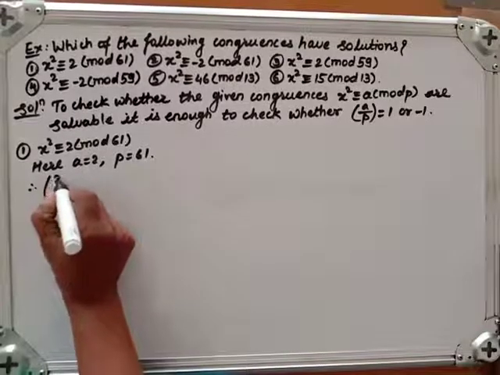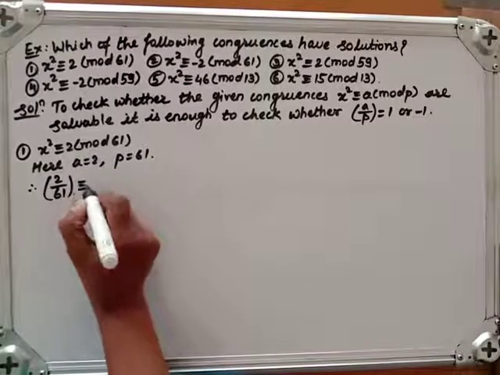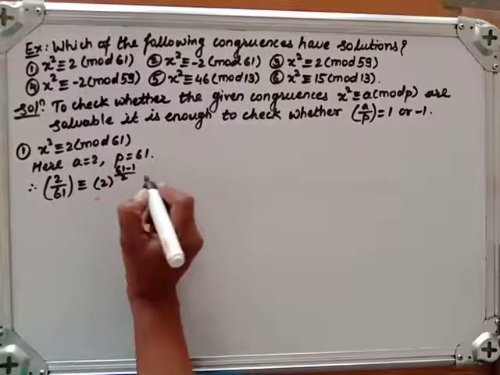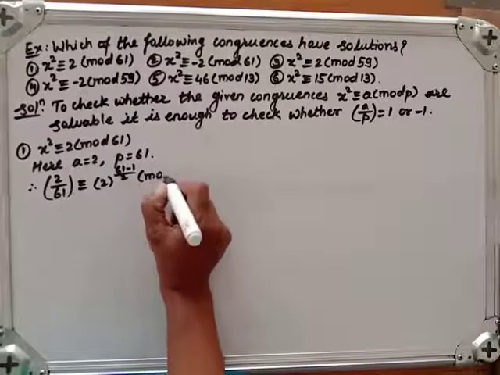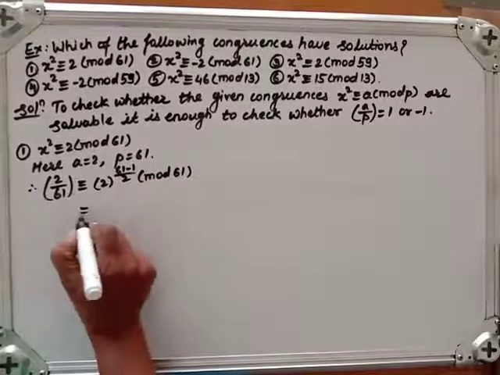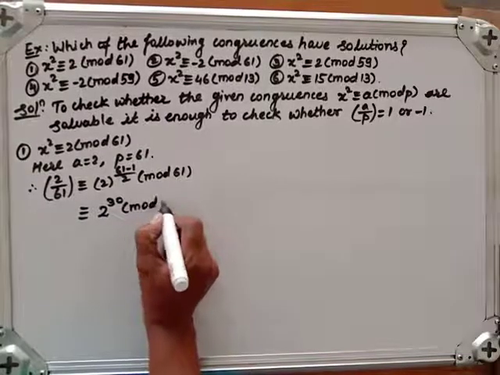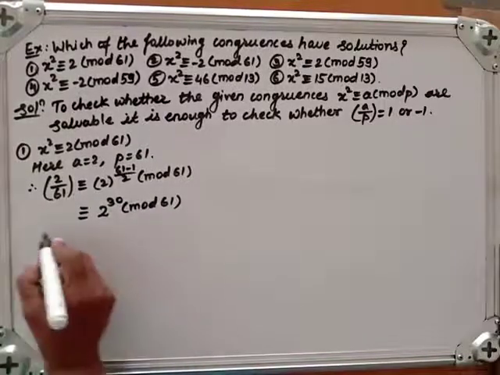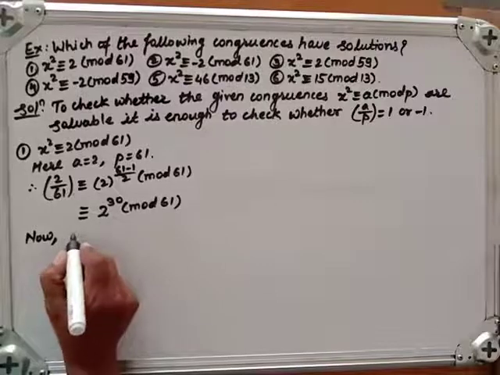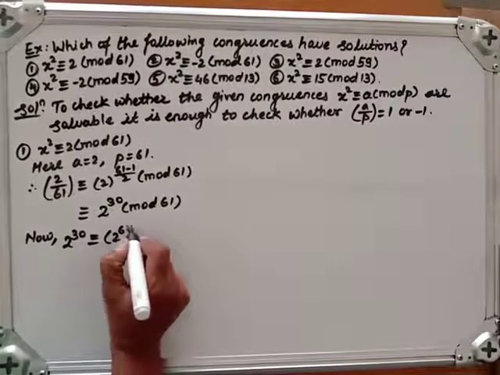Therefore the Legendre symbol 2 by 61 is congruent to, according to the properties, 2 raised to (61 minus 1) upon 2 modulo 61. 61 minus 1 upon 2 is 30, so 2 raised to 30 modulo 61. Now our aim is to determine the value of this. So 2 raised to 30 is the same as 2 raised to 6, raised to 5.